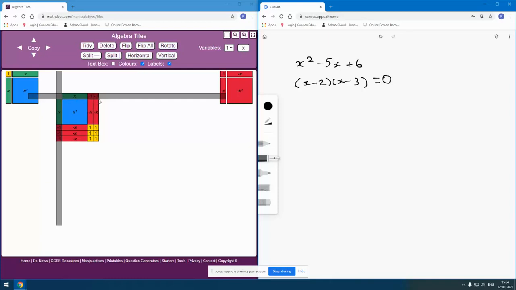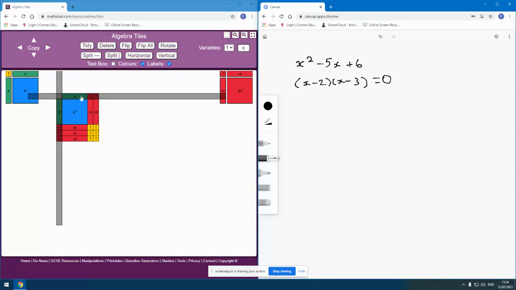Either this has got to be 0, which would shrink all that down to 0 length, so I'd have 0 area, or this has got to be 0, which would shrink it down to 0 width, and so that would make the whole area 0.